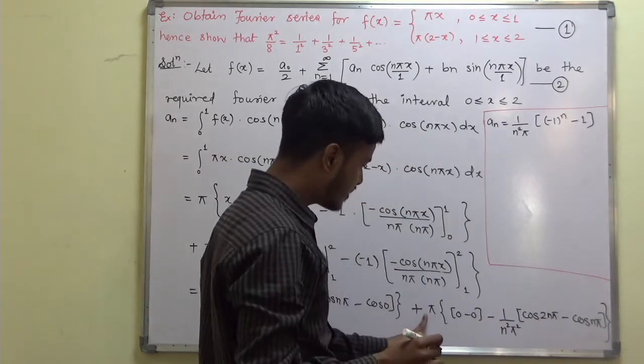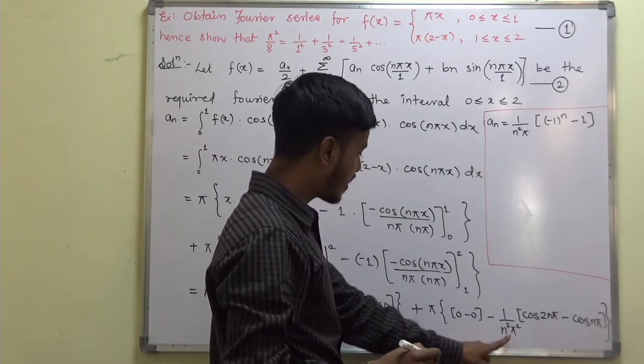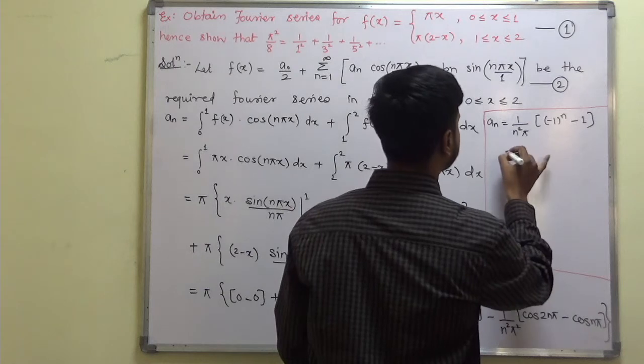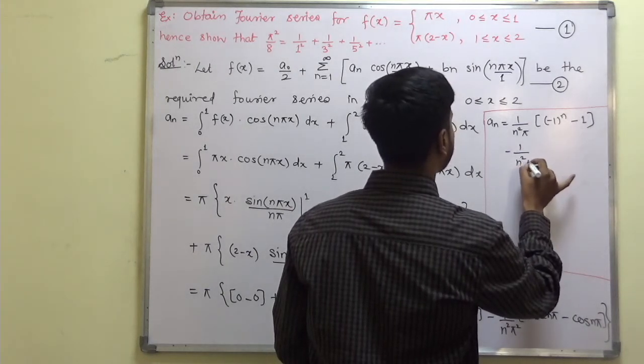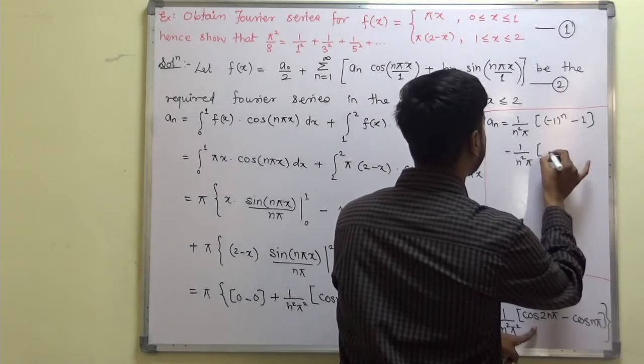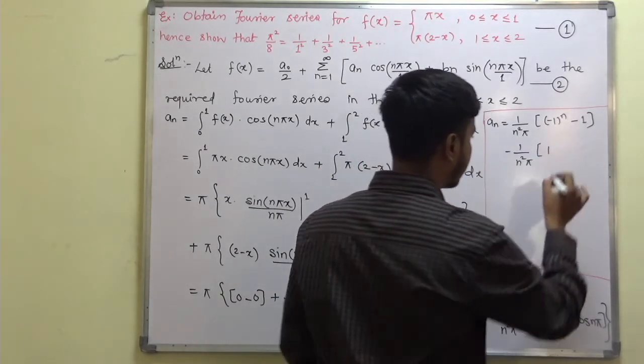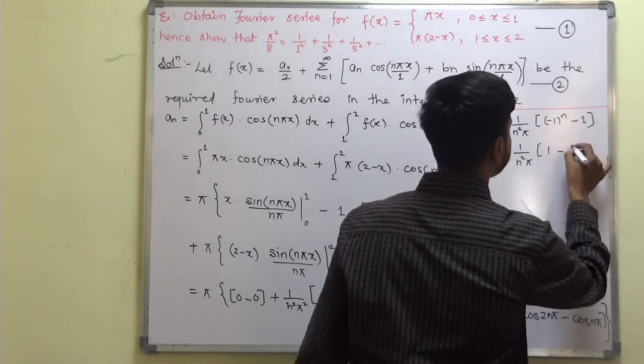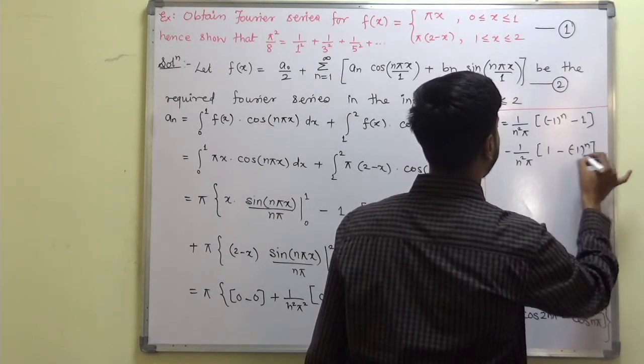Now look here, this gets cancelled with this pi and we have minus 1 upon n square pi. Okay, cos 2n pi is 1, minus cos n pi is minus 1 to the power n.